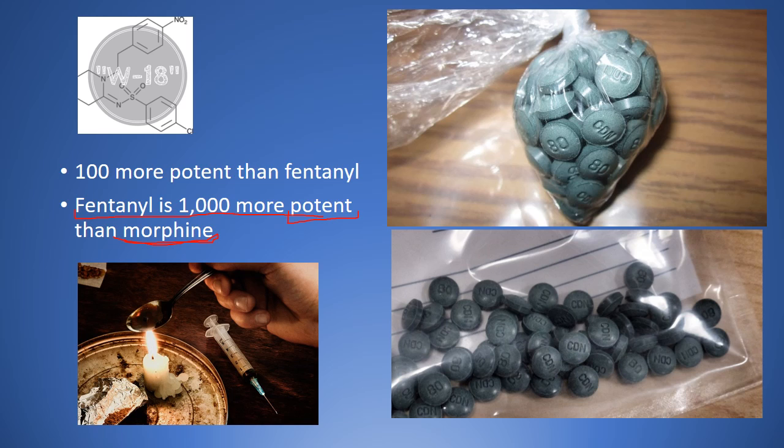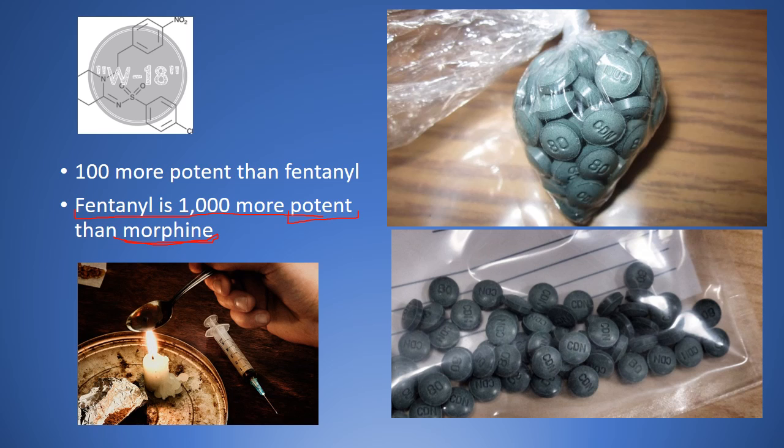It also might stay in a synapse longer. So that word potent may have multiple meanings. It might just be stronger. It might cause that receptor to act more strongly inside the cell, or it might stick around longer.